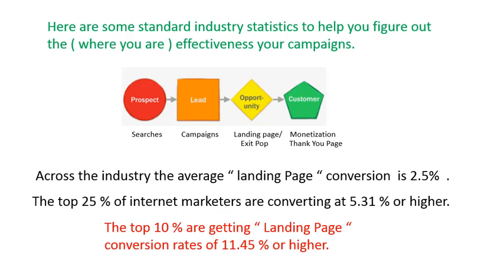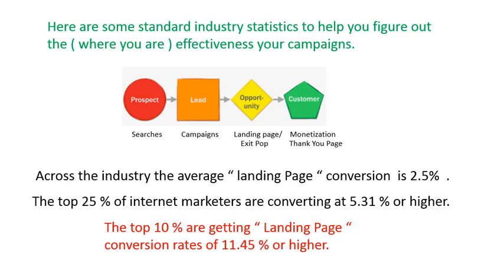Here are some standard industry statistics to help you figure out the effectiveness of your campaign, in other words, where you are. You can see that the process we're going to be using to get our results starts with the searches, to find our prospects. Those are the searches you do with the search tools. Then there's the campaigns, when you design them to contact your prospects.